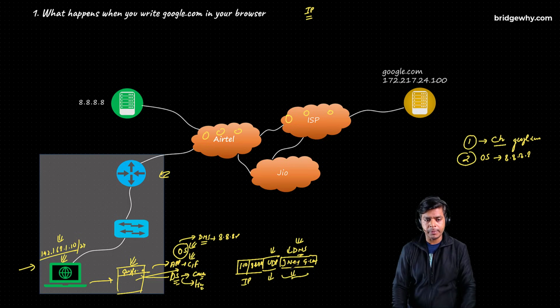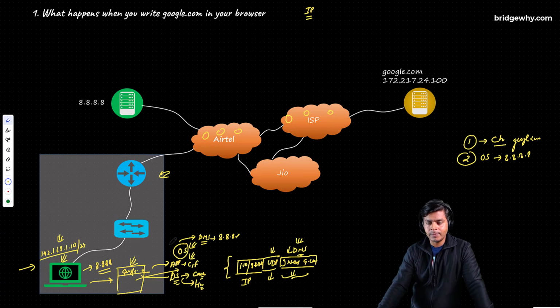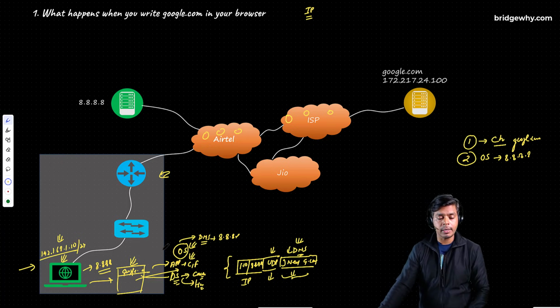Now, what is going to happen? This device wants to send this complete packet to 8.8.8.8, and now the interviewer might come and ask how this communication is going to happen. Who will send this to 8.8.8.8? And you will say the PC, right?